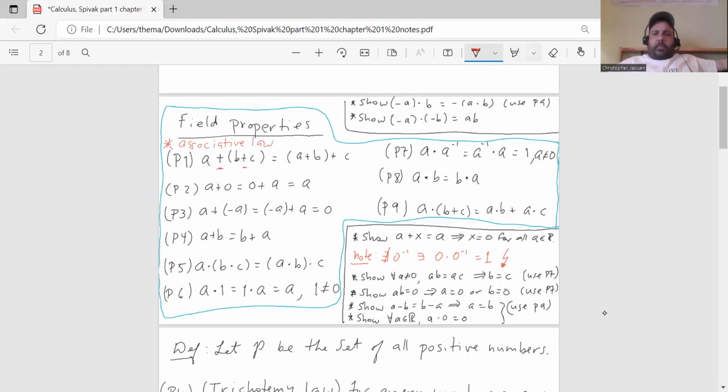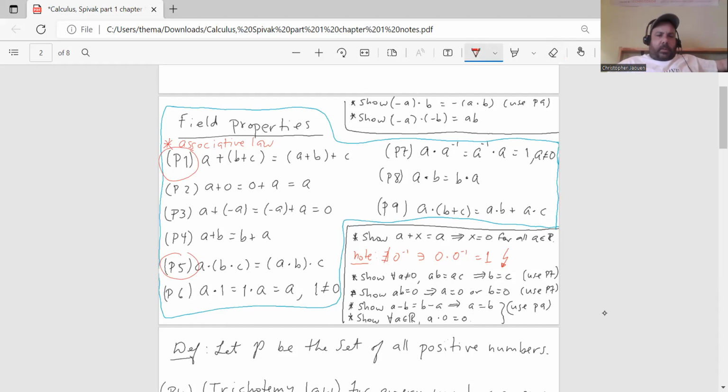And what the associative law tells you is it doesn't matter if you add b plus c together first and then add a to it, or if you add a and b together first and then add c to it, you still get the same number. So that's a property of real numbers. There's also an associative law for multiplication, which you can see in P5. P1 and P5 are associative laws.